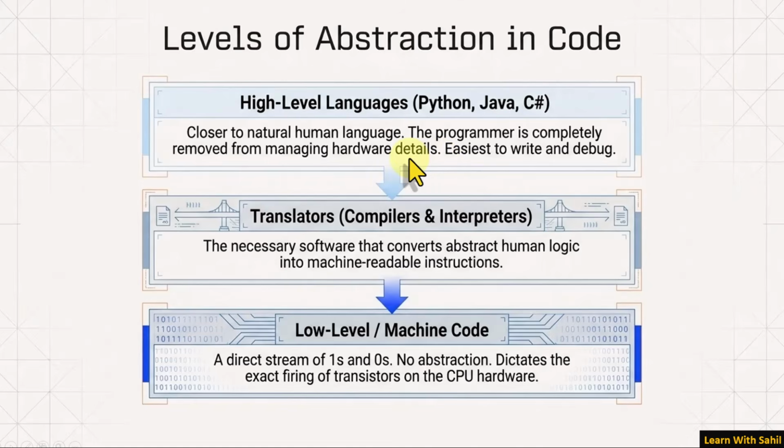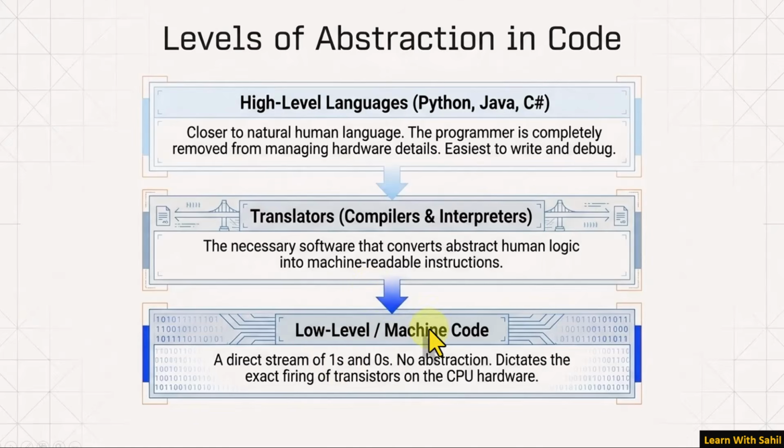They are hidden from the programmer, and it is easiest to write and debug. That is abstraction. How the hardware works and how the code is changed to machine language are hidden from you. A translator, compiler, or interpreter in the middle is the necessary software that converts abstract human logic into machine readable instructions.